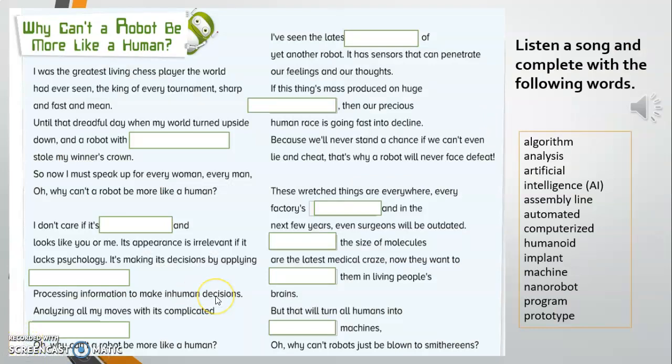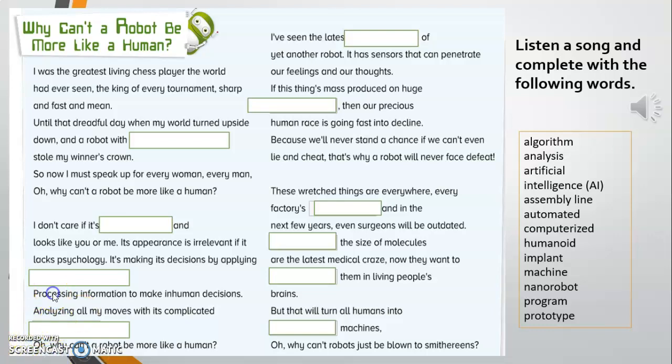Okay, here we have a song. Why can't a robot be more like a human? Okay, listen to a song and complete it with the following words. Okay, are the words that we study. You can write here the correct word, and you can edit the insert.